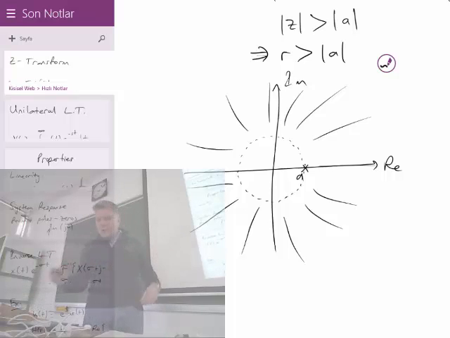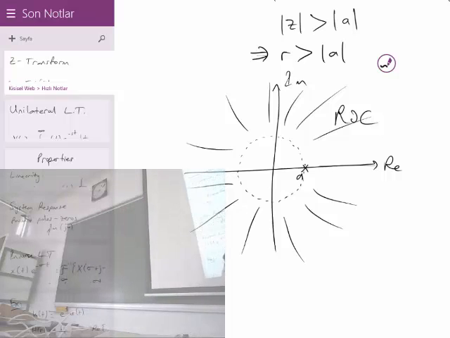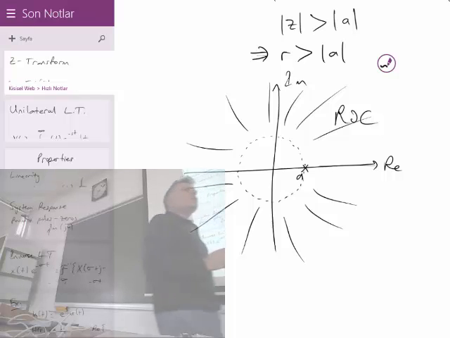So outside of it will be the region of convergence. It's a little bit different from the Laplace transform, because in the Laplace transform, if sigma is greater than something, we just draw it to the right of it. But now we draw it outside of a circle. And the radius of that circle is determined by the position of the pole.